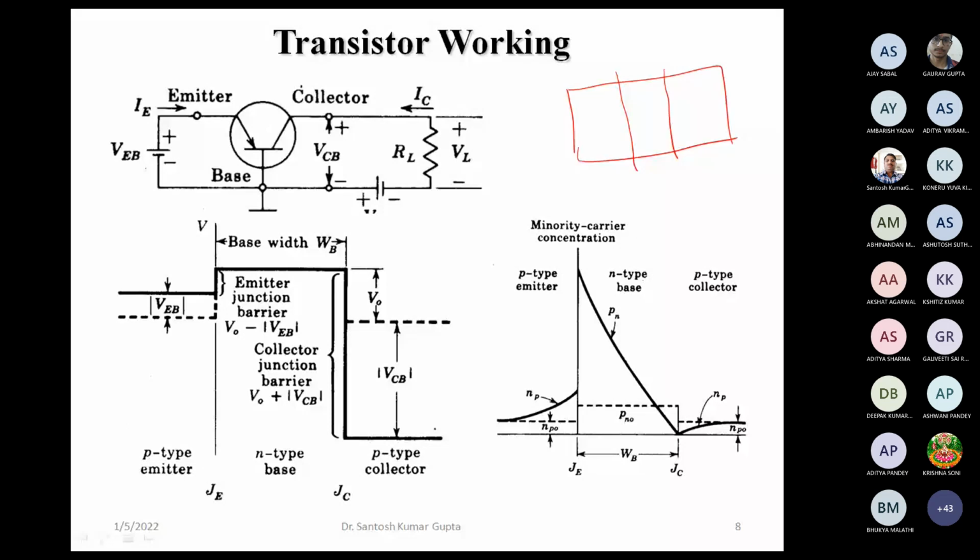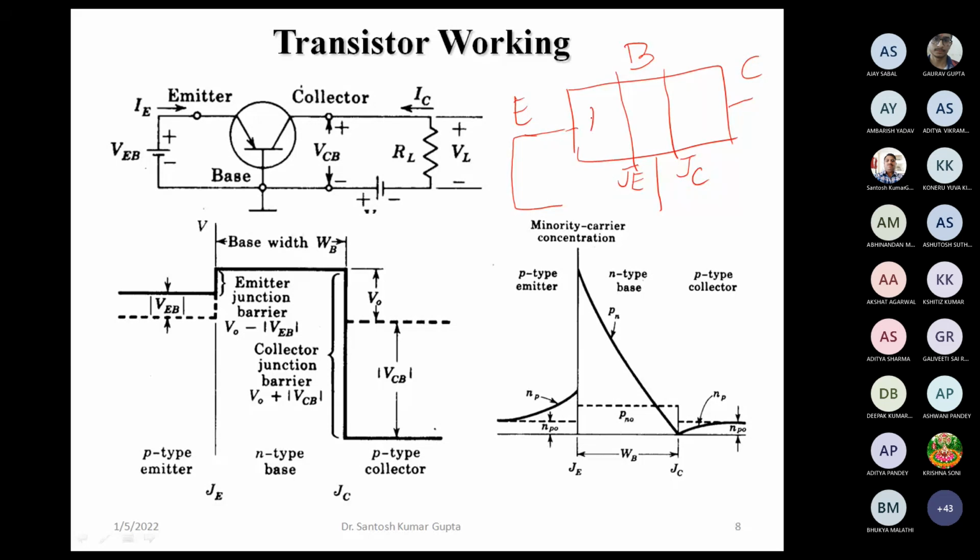One is called emitter, the leftmost, rightmost is called collector, and in the middle it is base. So we see here that in order to bias, two junctions are formed as soon as we put these three regions together.